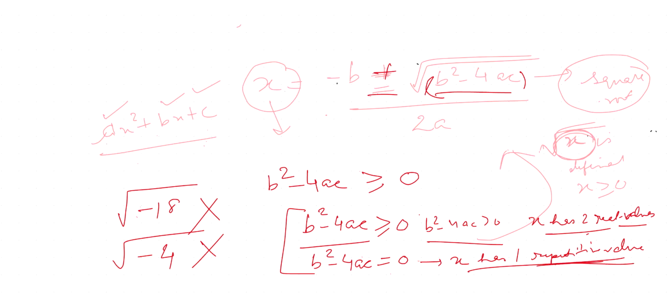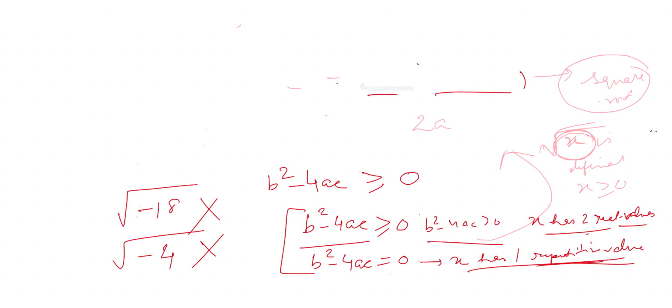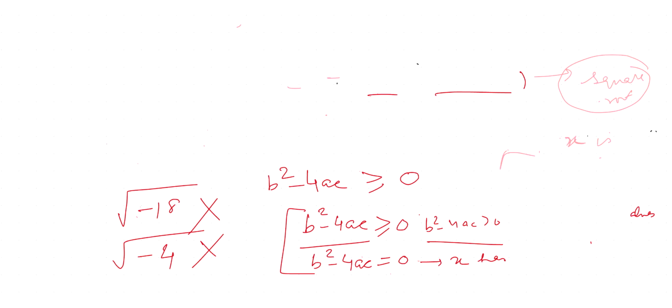All right. So we have understood the idea about roots. Let's understand how we apply this in different cases. There are a bunch of questions where you can apply this.